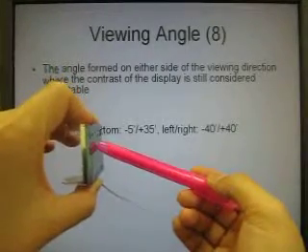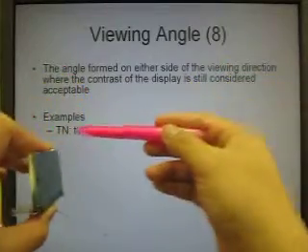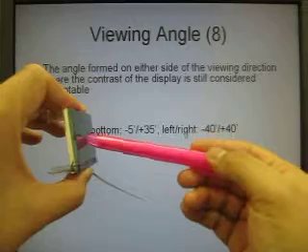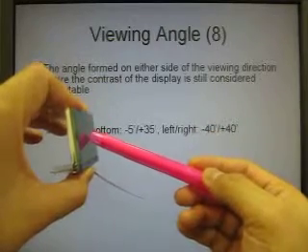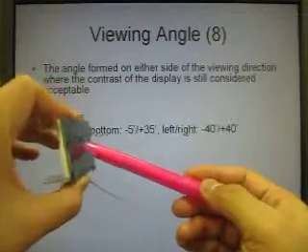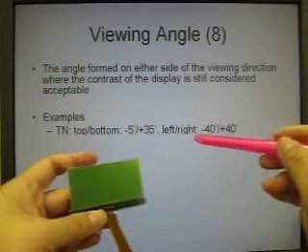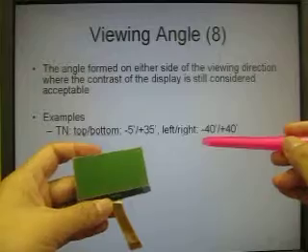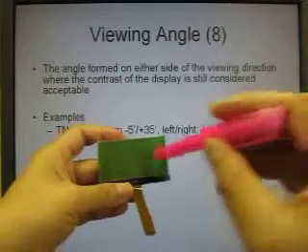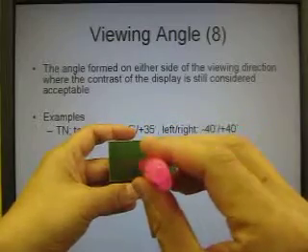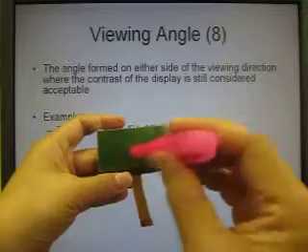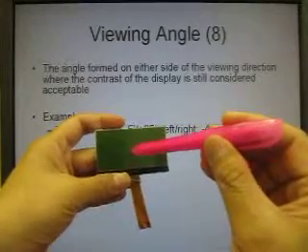So in that case, we can see this LCD from top 5 degrees and bottom 35 degrees. Over that, you cannot see it. And left and right is -40 to +40 degrees. That means from the perpendicular direction, left 40 and right 40, you can still see the display.